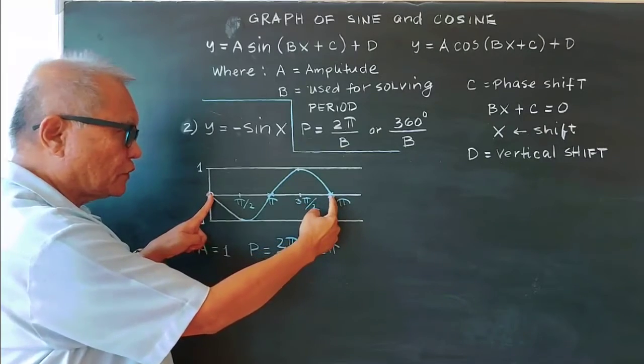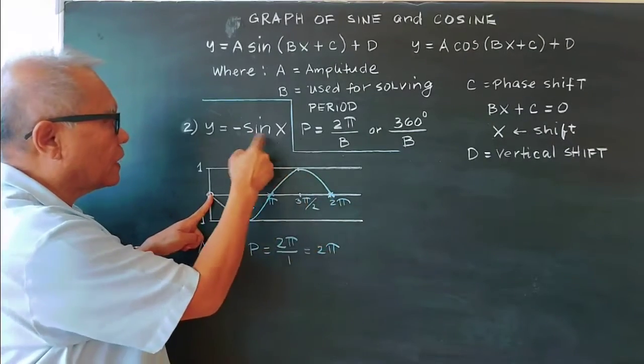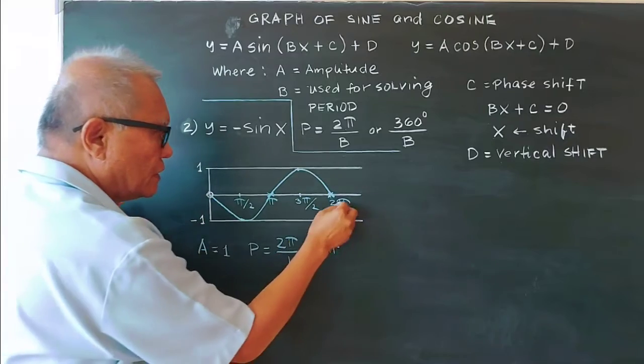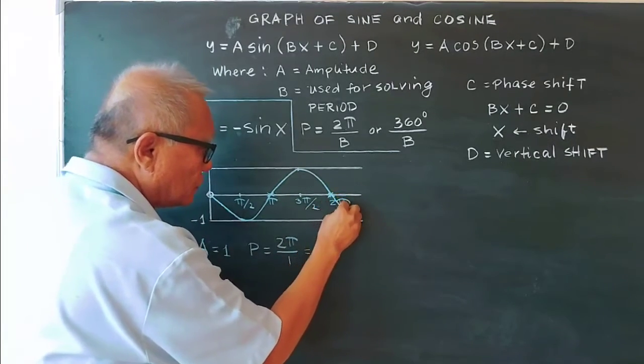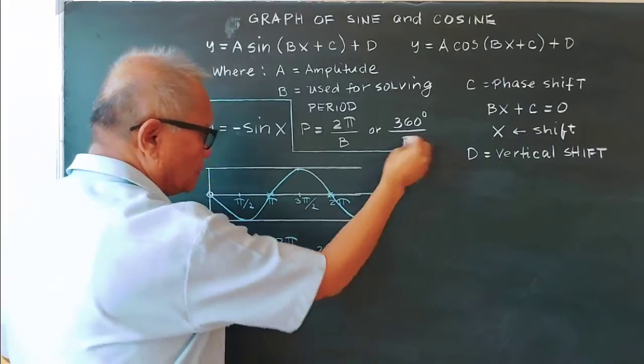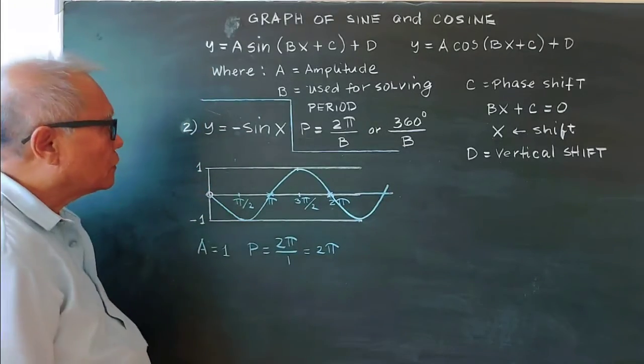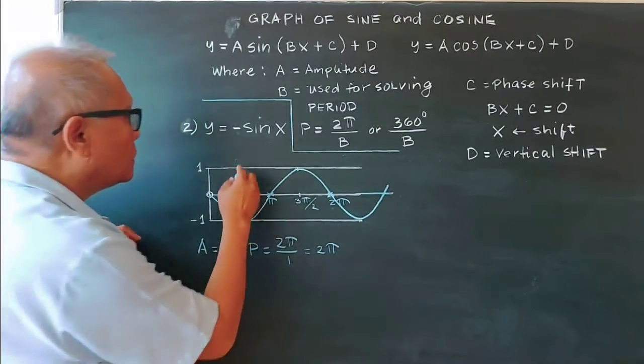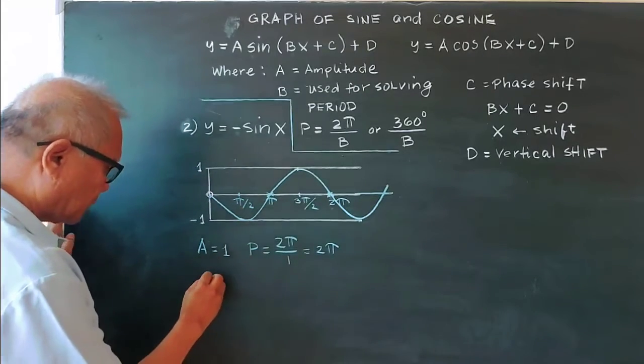So that is one period, one cycle for our negative sine x. If you want to continue, then you can continue like that. What if we have cosine?